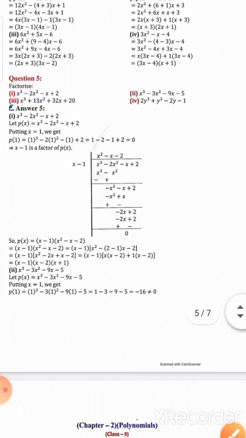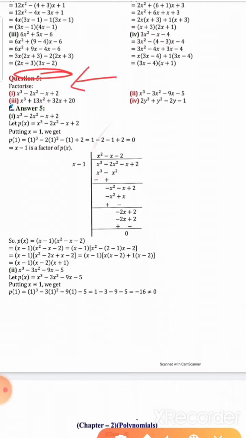Next question, question number 5. Again factorize. The polynomial is a cubic polynomial. So for a cubic polynomial, first we factorize this polynomial by using the long division method, and then when we get the quotient of lower power than cubic, it will be a quadratic polynomial.